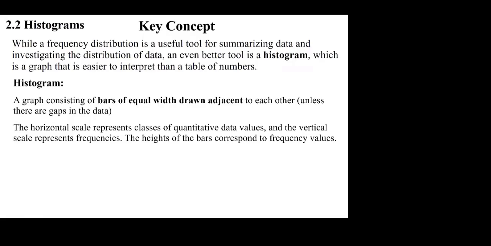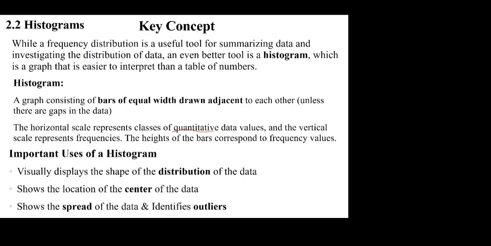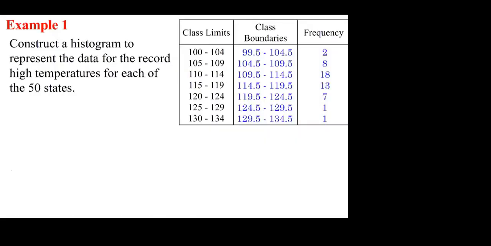That is the synopsis of what a histogram is. The horizontal scale represents classes, quantitative data, and that's important to follow. And the vertical scale represents either frequencies or percent frequencies. An important use of a histogram is that it visually displays the shape of a distribution, shows the location of a center, and the spread and outliers.